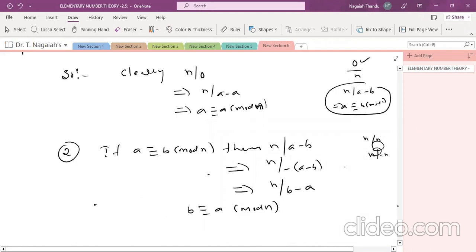When n divides A minus B, it also divides minus of A minus B.